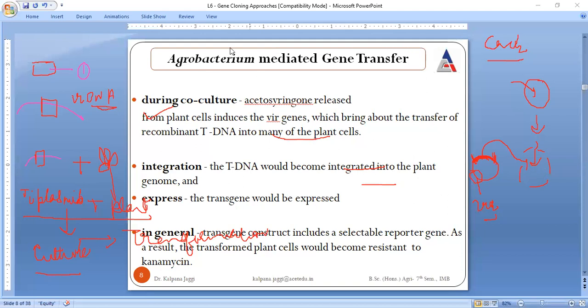How will we be able to differentiate whether this has really been transferred into the host genome? For this, we often insert one selectable marker within this sequence.